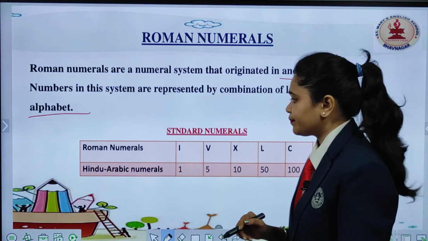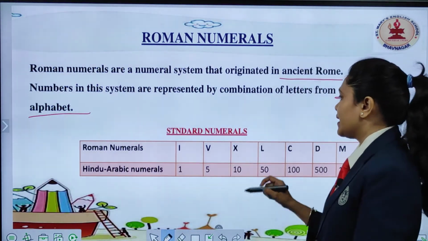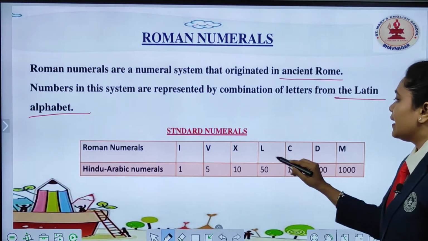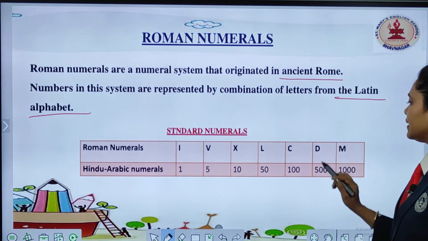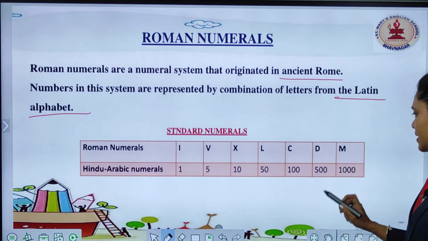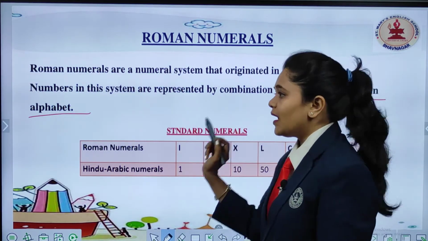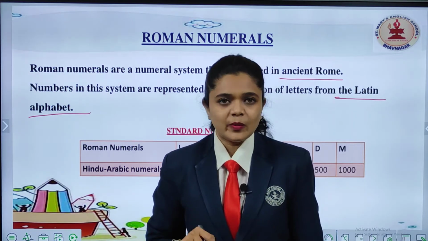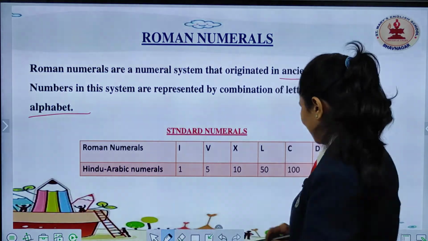Okay children? Then, V is 5, X is 10, then we have L 50, C 100, D 500, M 1000, right? So, these are standard numerals. Let us learn something more in this, right? Are you all enjoying? Very good.